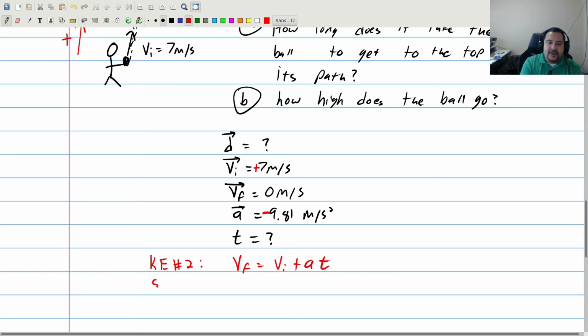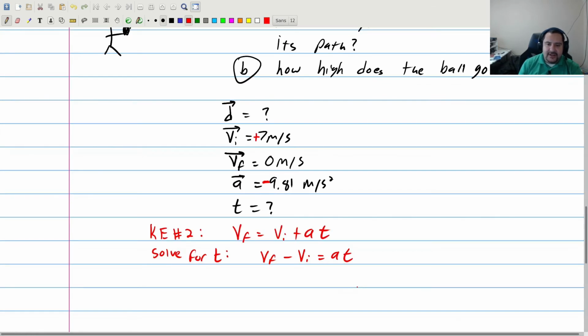We need to solve for t. So here's what it looks like. V final minus v initial equals a times t. So all I did was subtract v initial. Then I'm going to divide by a. V final minus v initial divided by a is equal to t.